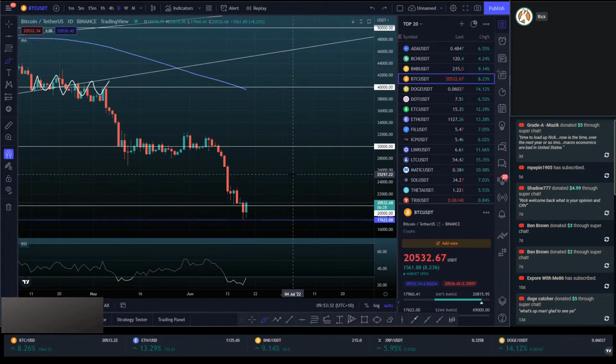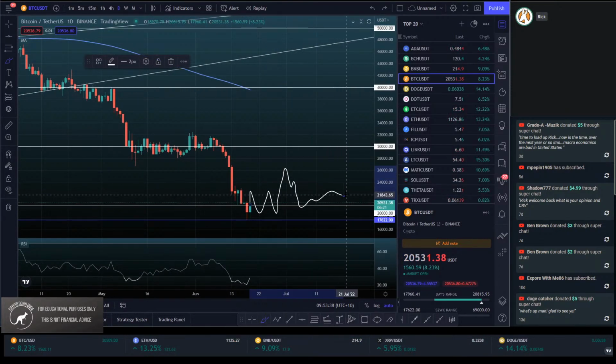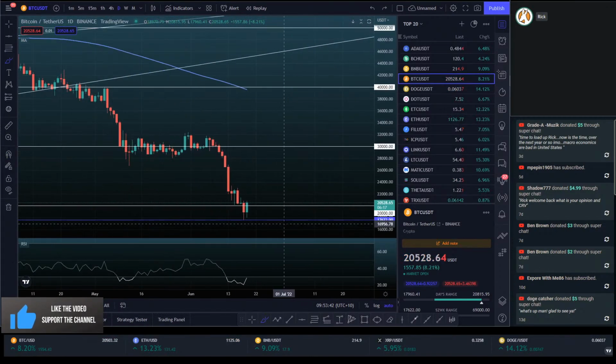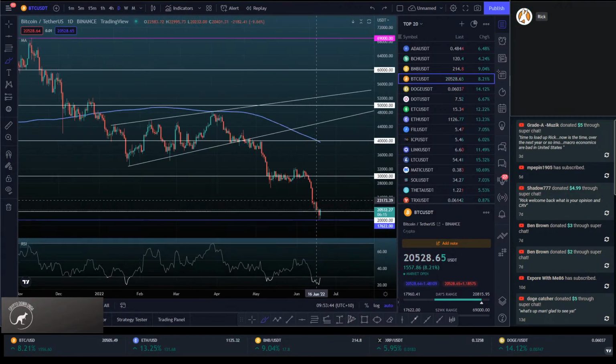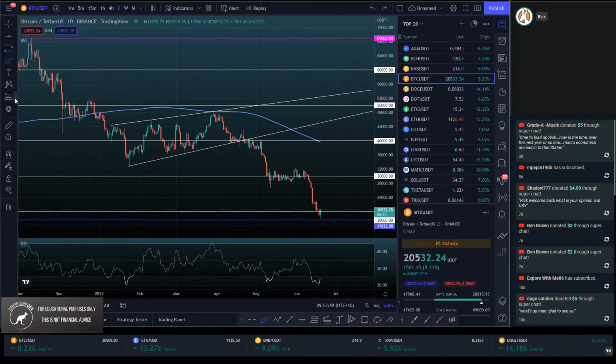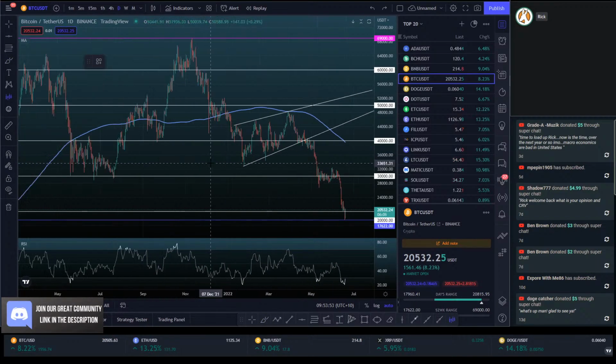So I think there's probably going to be a bit of ranging that goes through here. Could be wrong, but that's my opinion on it. So if I do that thing where I copy out the bars, I think it's the bars pattern.